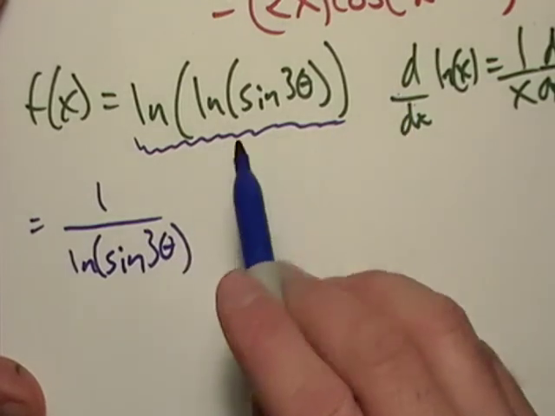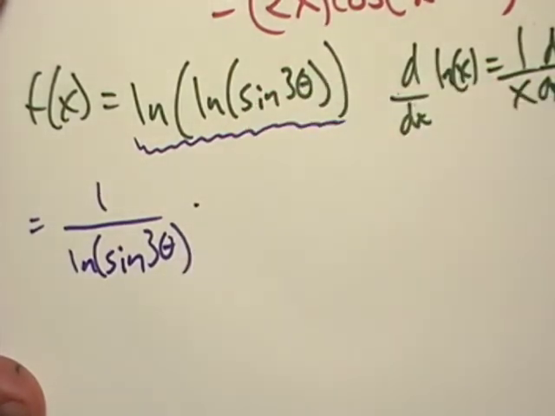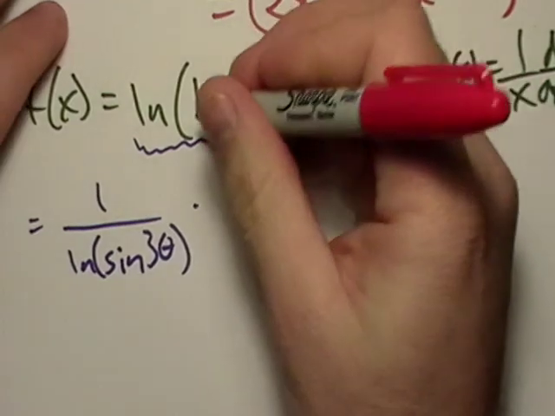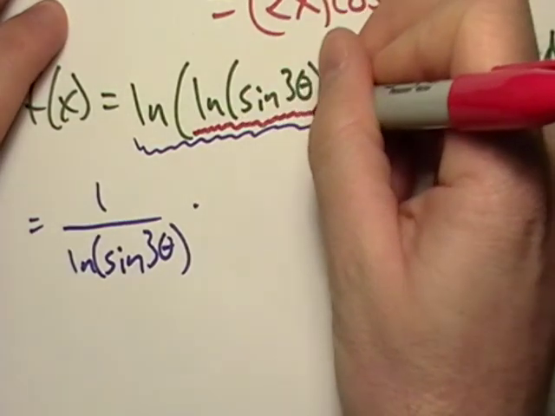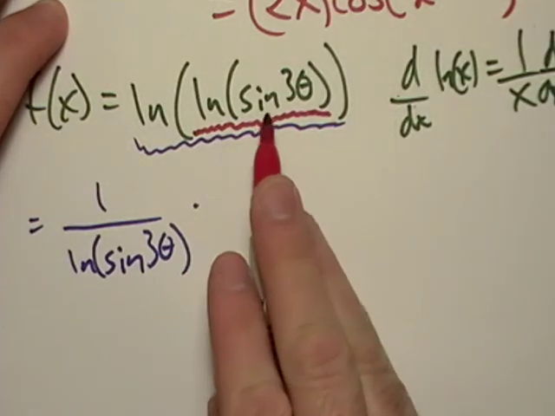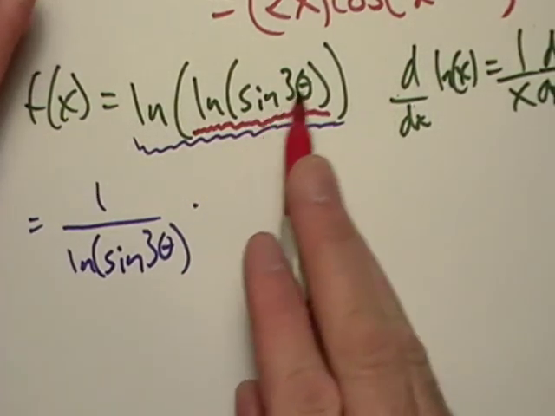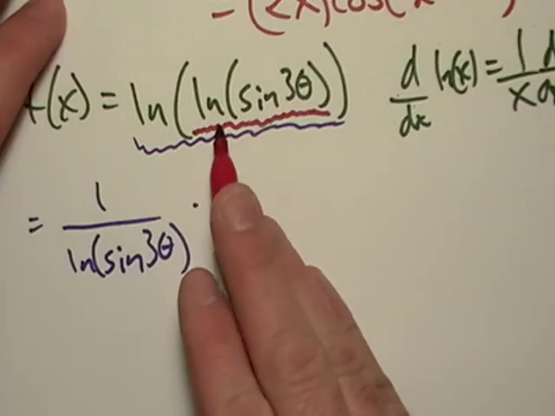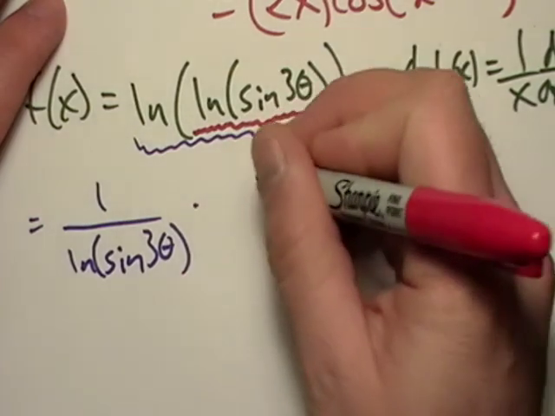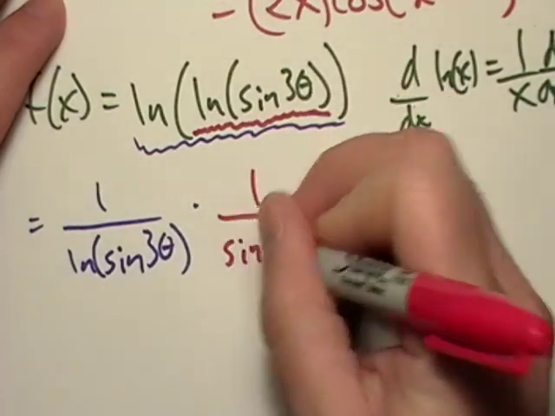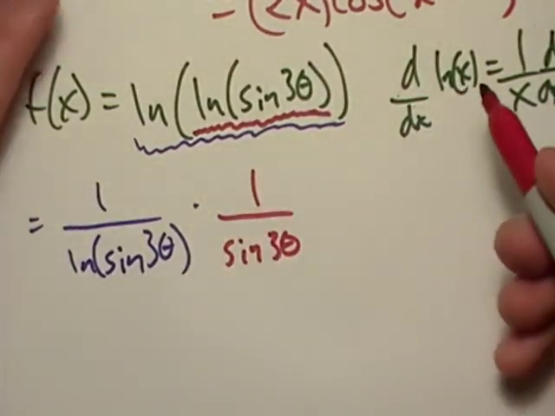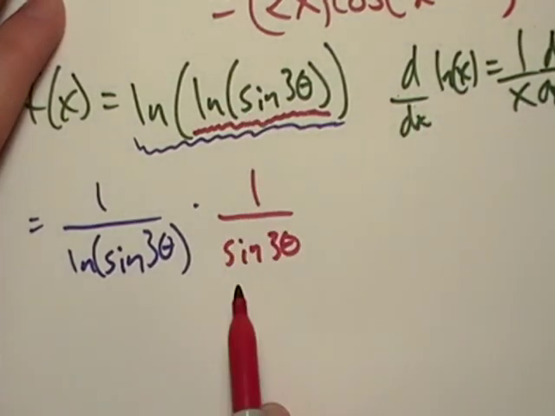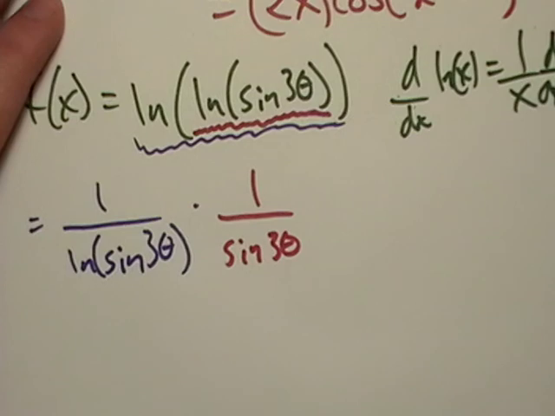Now I'm going to multiply it by the next chain, and the next chain goes inside this other inner function, which is natural log of another trig function. What's the derivative of this? Well, that's just 1 over whatever's inside the logarithm, in this case sine 3 theta.